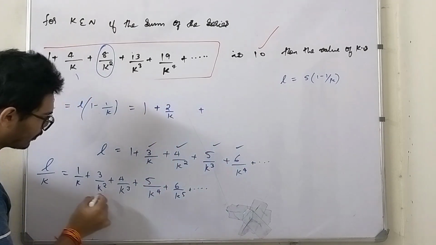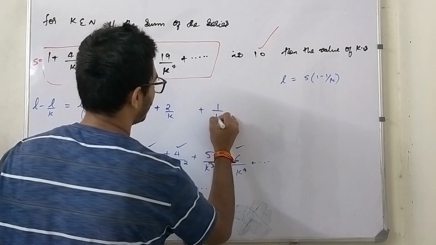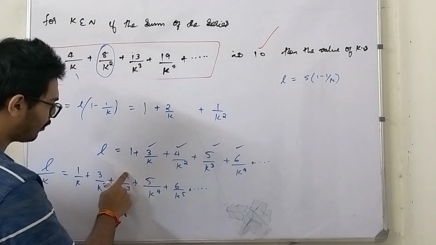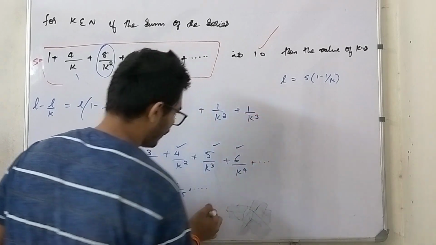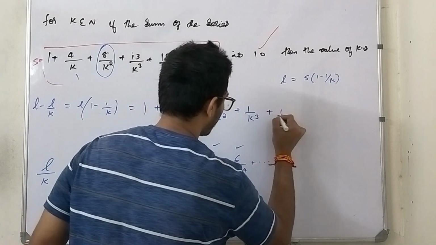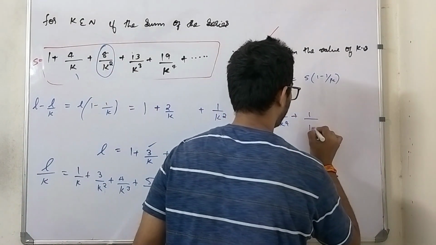Again, 4 by k square minus 3 by k square, it will be 1 by k square. Now, 5 by k cube minus 4 by k cube, it will be 1 by k cube. Finally, 6 by k raised to 4 minus 5 by k raised to 4, it will be 1 by k raised to 4. Again, it will be 1 by k raised to 5, 1 by k raised to 6.